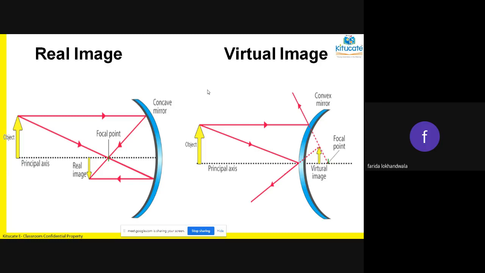Real and inverted is correct. You can never have real and erect. You will always have real and inverted, and if you have virtual, it will be erect. Virtual can never be inverted. So for your reference, always write it down somewhere. It is always real and inverted, and it is always virtual and erect.